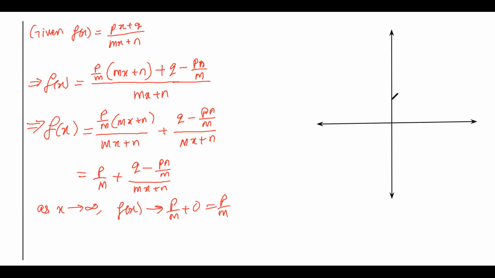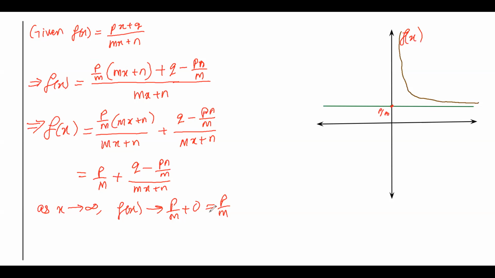So maybe our p over m is somewhere here. As x tends to infinity, the curve does not touch this line. That's what we are saying. As it tends to infinity, which means as time goes on, this is what happens. It doesn't touch it. The function, this y, f(x) only approaches p over m, but it never touches p over m.